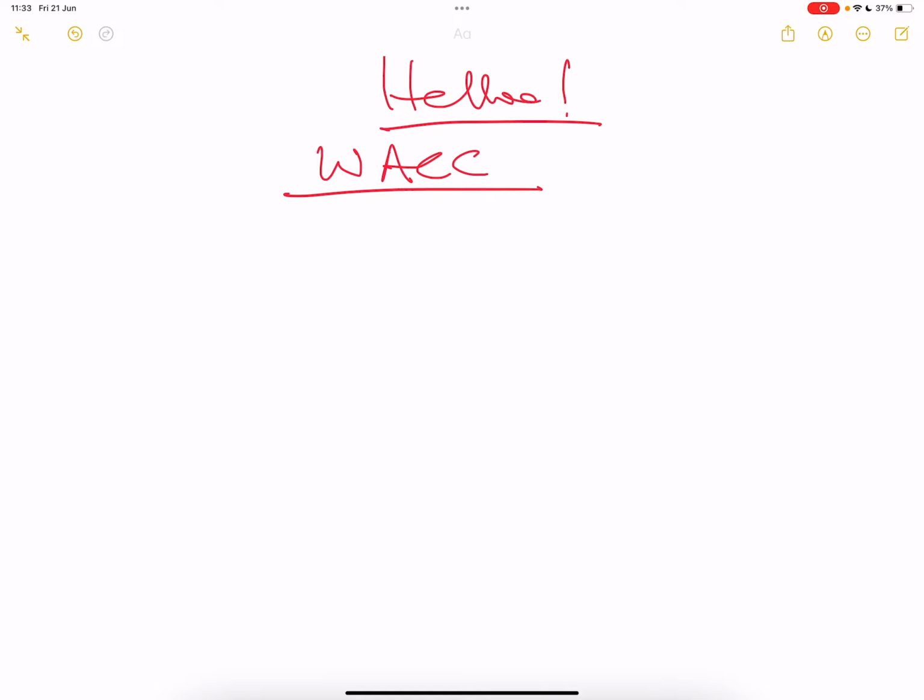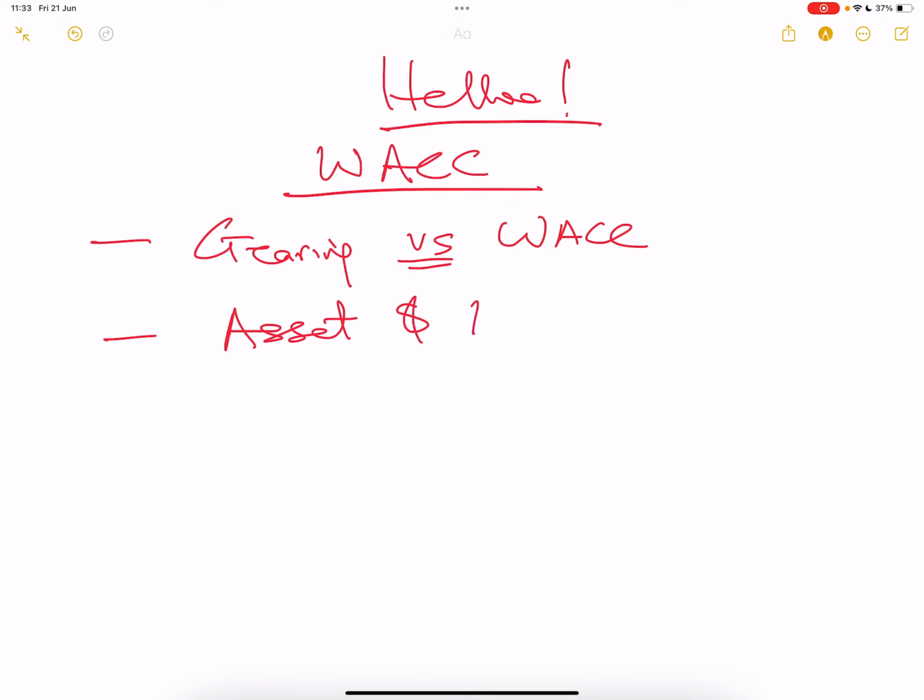So today I want to talk about three things we're going to touch. We're going to touch the impact of gearing on WACC. We're going to speak about asset and equity beta. We'll do a little calculation on that, but I need you to understand it when I explain it.